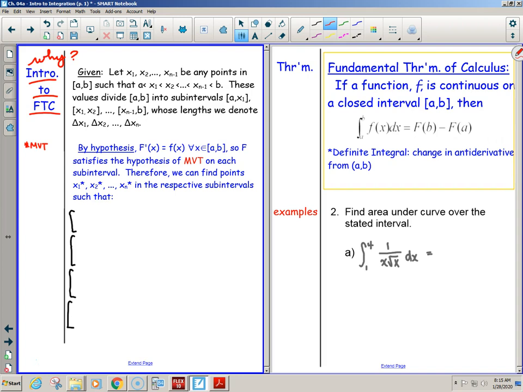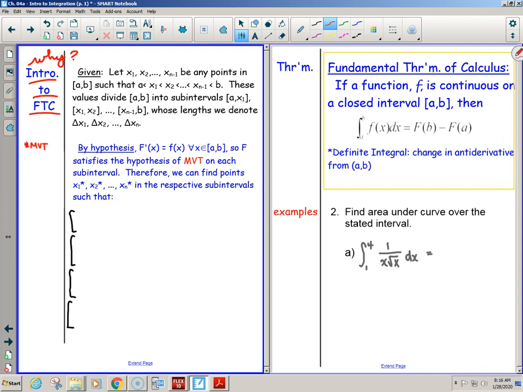So an infinite addition of infinitesimally thin rectangles will get us, if it converges, the definite integral. So how on earth can an infinite addition of infinitesimally thin rectangles equal one single subtraction?